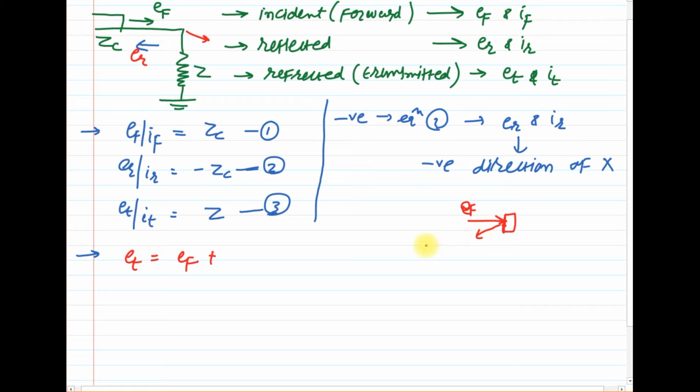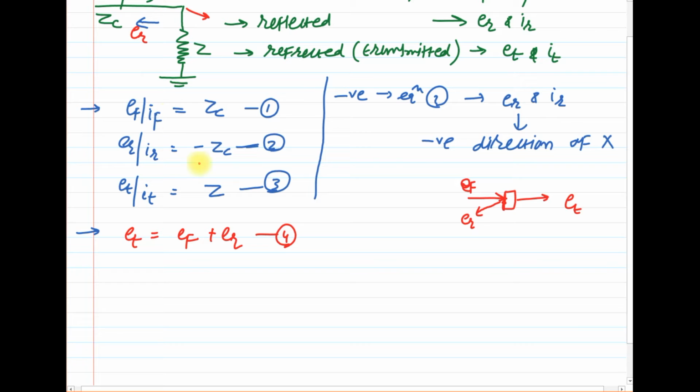Here, this is the direction of ER, the reflected wave, and this is the direction of ET, which is transmitted or refracted wave. Clear? So ET is equal to the summation of EF plus ER. Your equation number 4. I hope you have clear up to this.